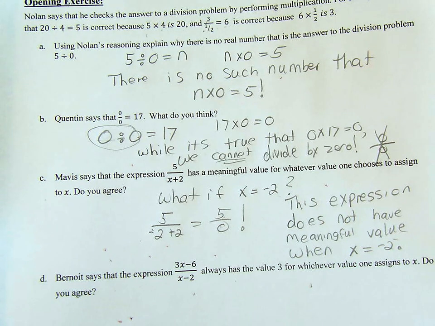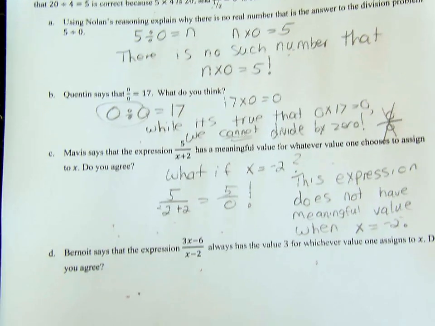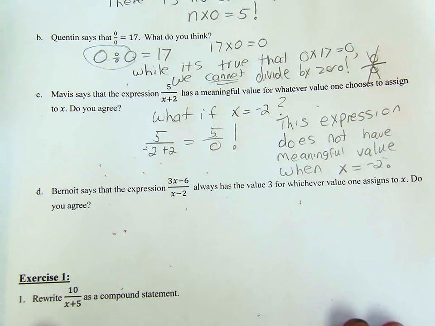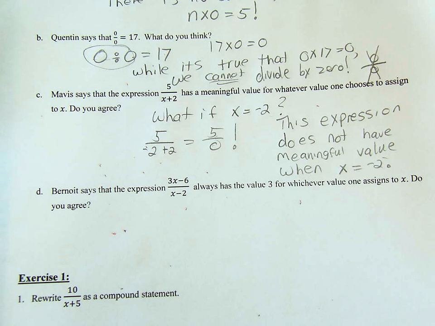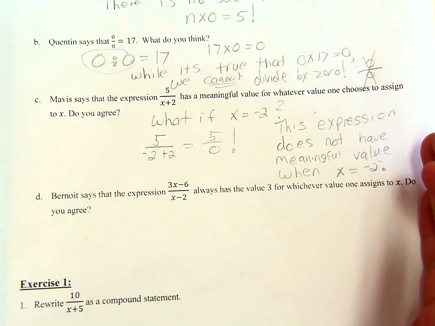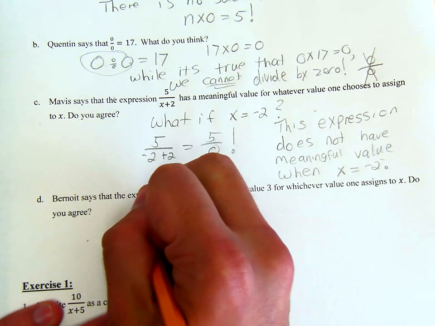Bernoy says that the expression 3x minus 6 divided by x minus 2 has the value 3 for whichever value one can assign to x. And do we agree? So if we look at this, if we had 3x minus 6 divided by x minus 2.